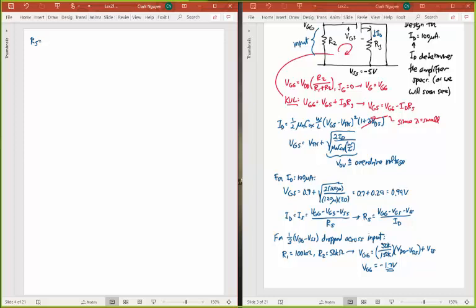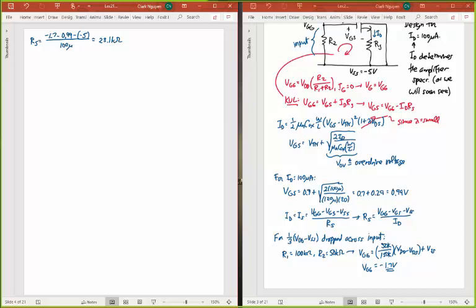And plugging those values in, that's minus 1.7 volts, minus my VGS, which I calculated to be 0.99 volts, minus my VSS, which was minus 5 volts, divided by the current that I want, 100 microamperes, and that then ends up being 23.1 kilo ohms.